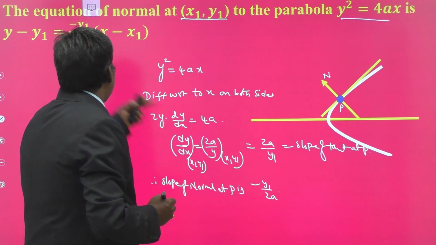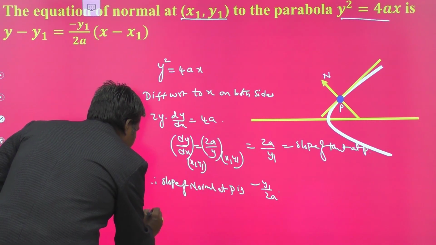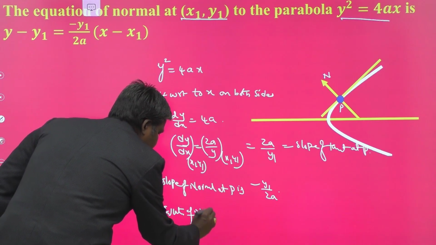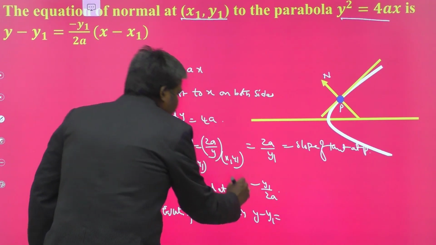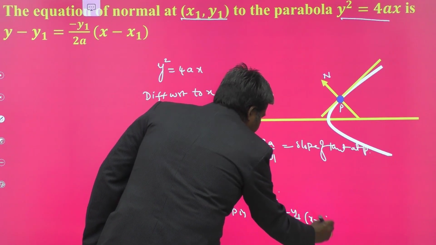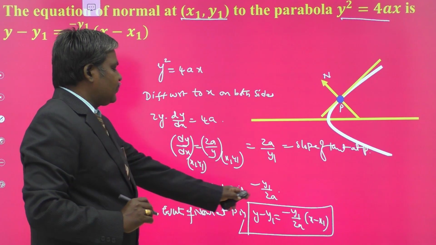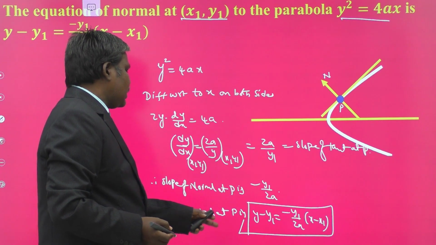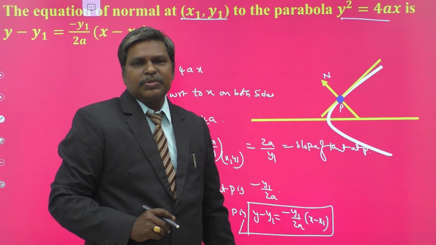So you have the slope and point, you can write the equation of normal at P. Therefore equation of normal at P is y minus y1 is equal to m, that is minus y1 by 2a times of x minus x1. This is the formula. So the equation of normal at (x1, y1) to the parabola y square is equals to 4ax is y minus y1 is equals to minus y1 by 2a into x minus x1.